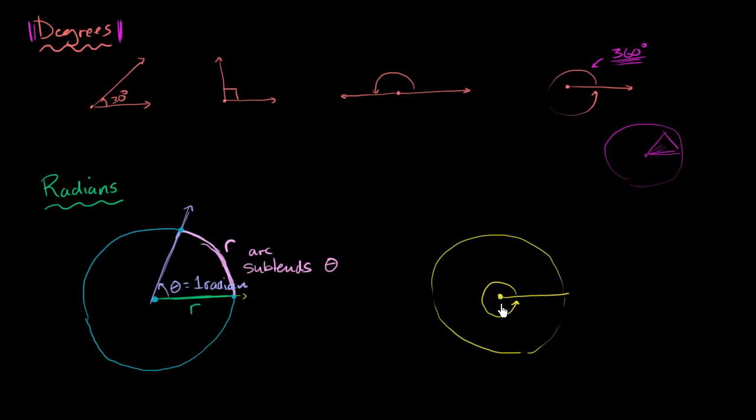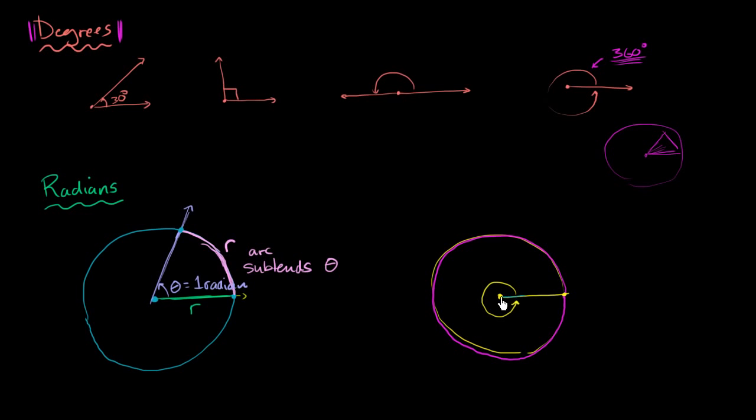Well, let's think about the arc that subtends this angle. The arc that subtends this angle is the entire circumference of this circle. Well, what's the circumference of a circle in terms of radiuses?